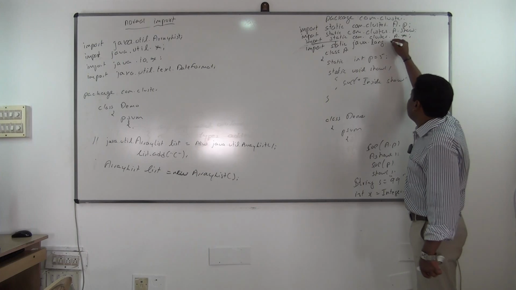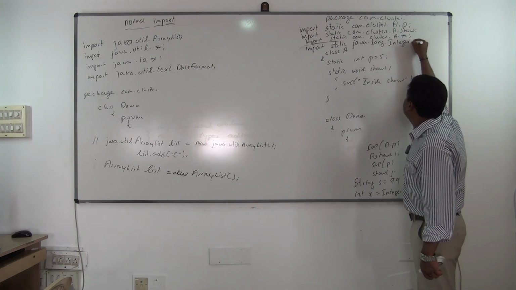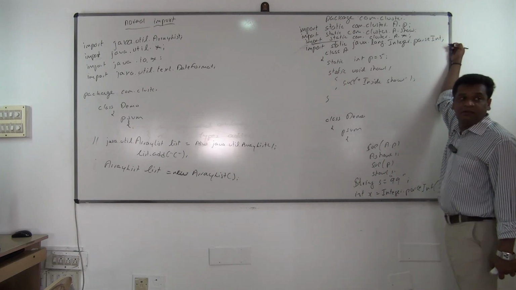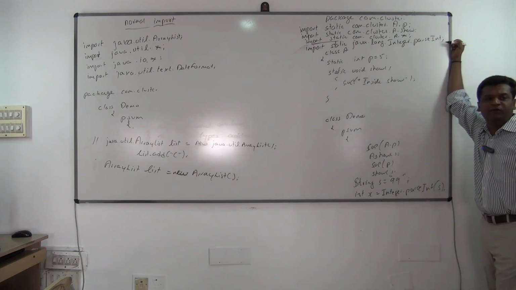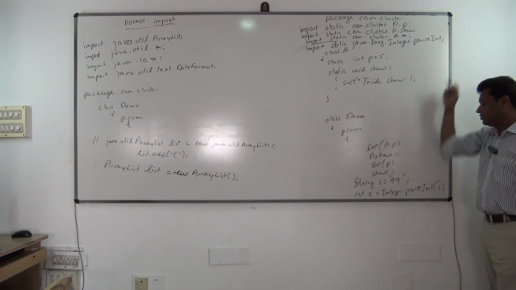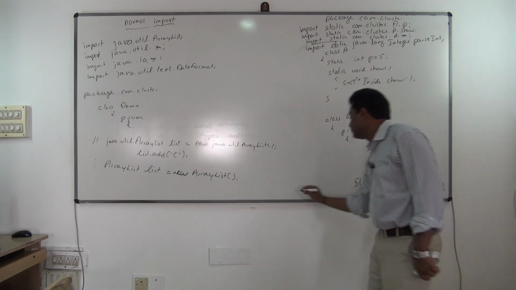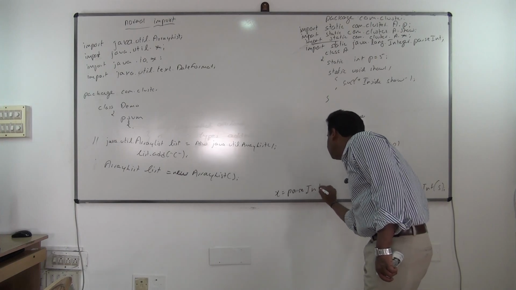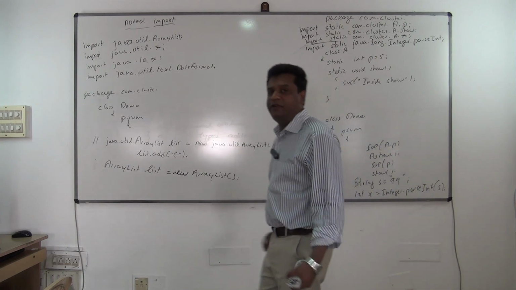So you import your static member, the one you want to use. Once you import it, I can directly write x equals parseInt of s, that's it. No Integer.parseInt now.